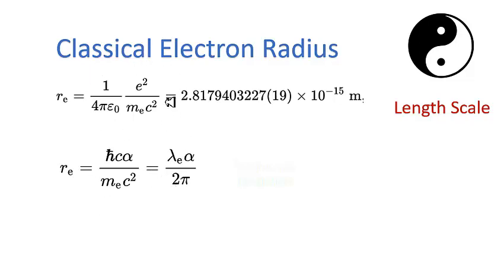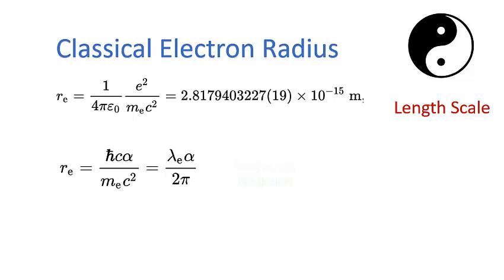So all of these three pieces of code, if you want to call it that, evaluate to the classical electron radius. And you'll notice down here that the fine structure constant, which is alpha, is in these two terms, this term and this term.